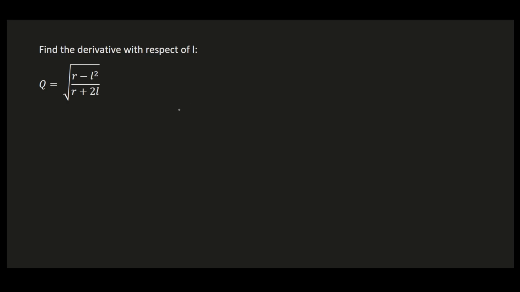In this video we are going to talk about the derivative of this equation here. First of all, when we get something like this with a square root, we can write it as (r minus l squared over r plus 2l) in parentheses raised to the 1/2, because it's the square root.